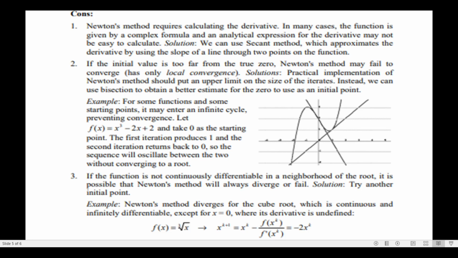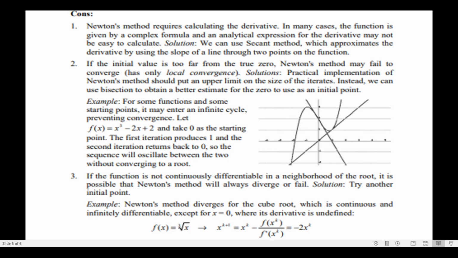Instead, we can use bisection to obtain a better estimate for the solution. So whenever the initial value is too far from the real root, we had better apply the bisection method to find a better approximation for the real root.